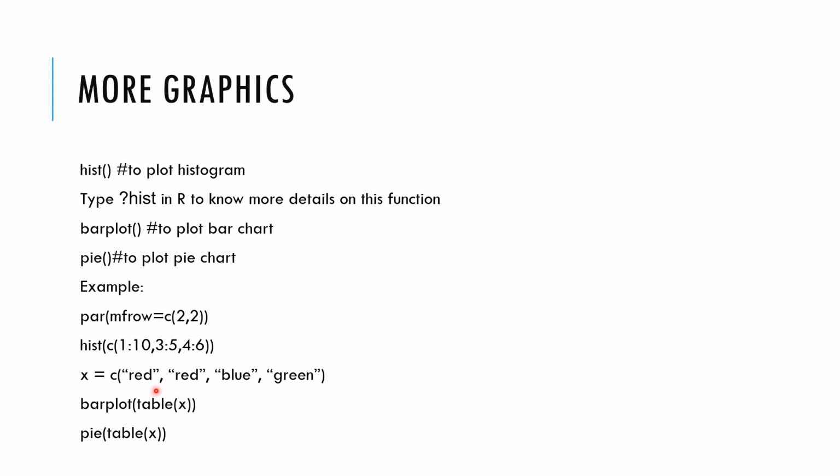So depending on the number of each categorical value, it will plot accordingly. When we are using this variable within bar plot, we need to convert this into a table, and only then bar plot and pie chart will work. You can use the function table, and it will automatically convert this into a table.